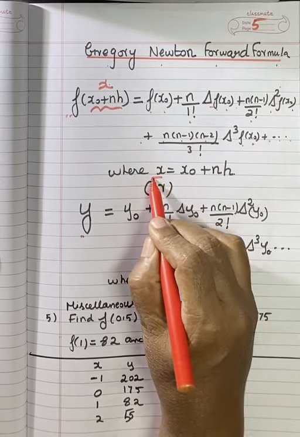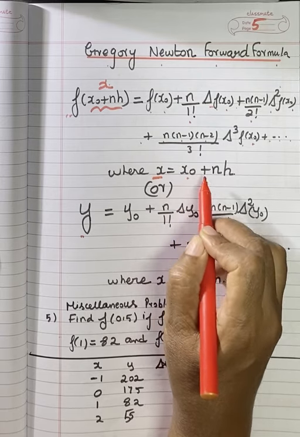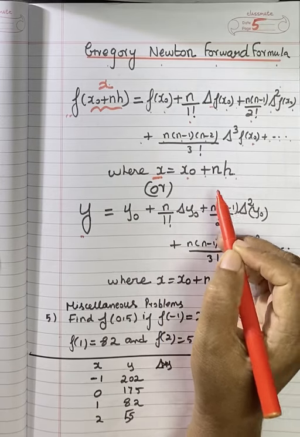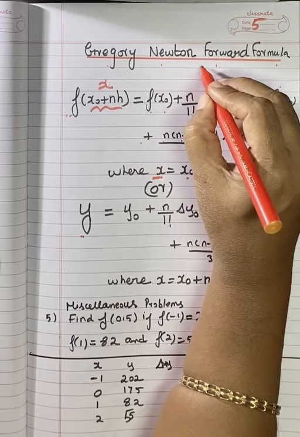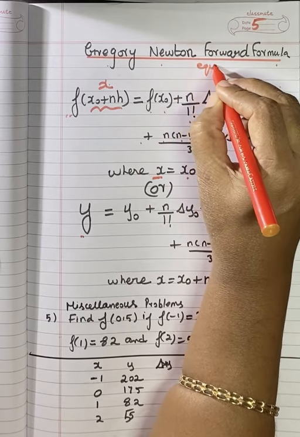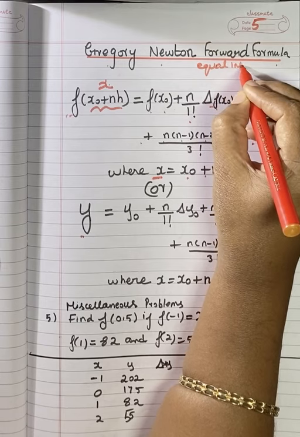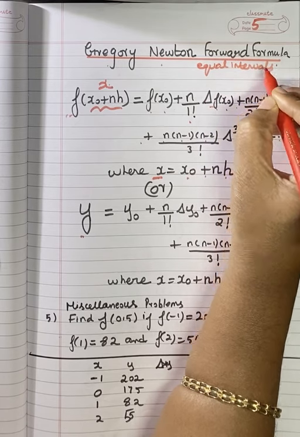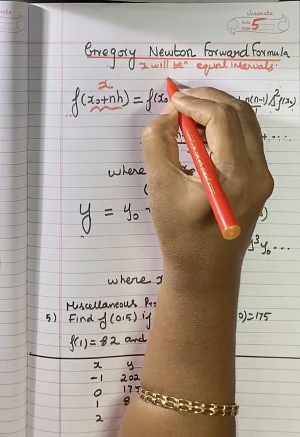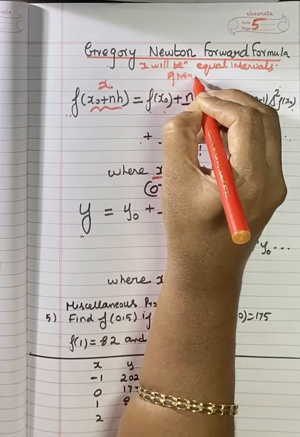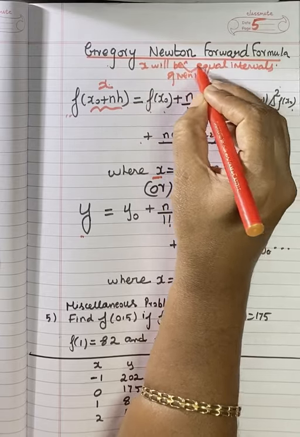What is x? X is nothing but x naught plus nh. In Gregory-Newton forward or backward formula, x will be given in equal intervals.